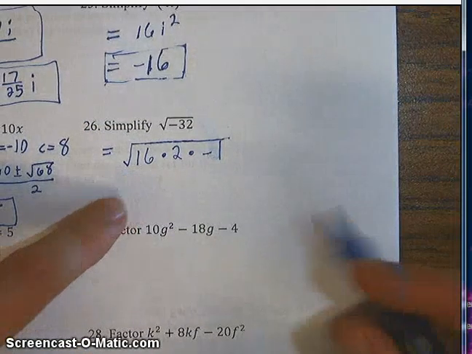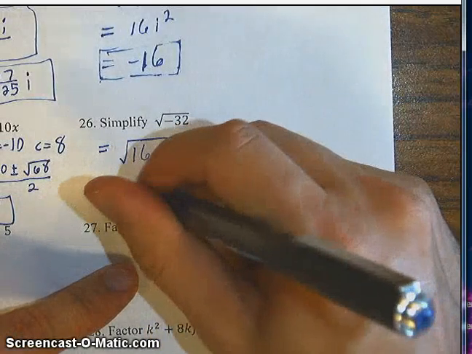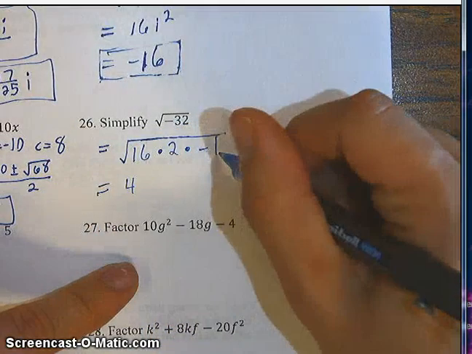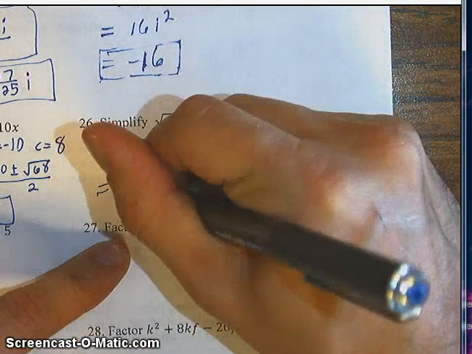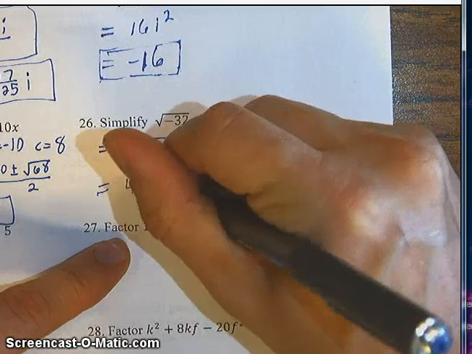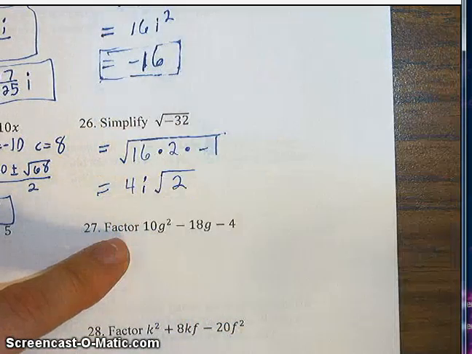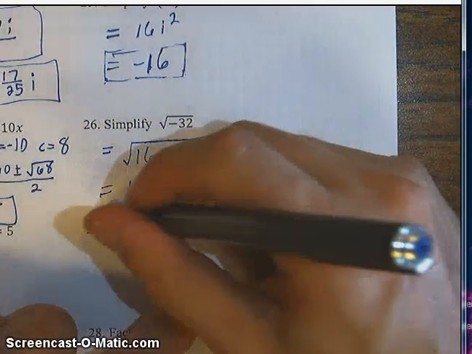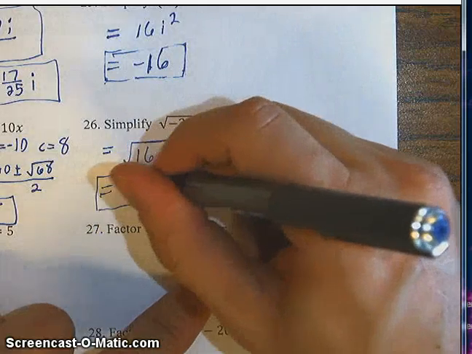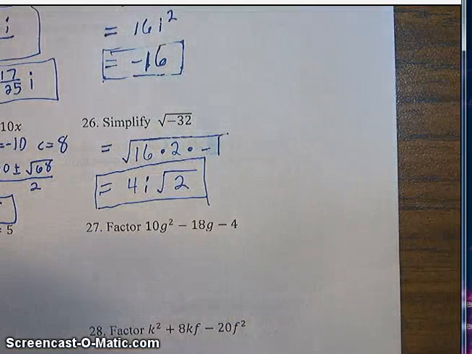Well, the square root of 16 is simply 4. The square root of negative 1 is i. What's left over? That's square root of 2. So the square root of negative 32 simplifies to 4i root 2.